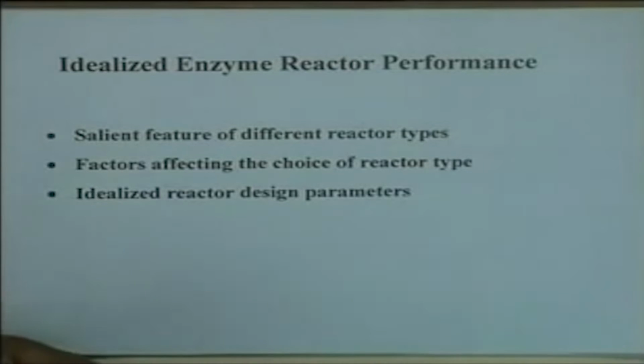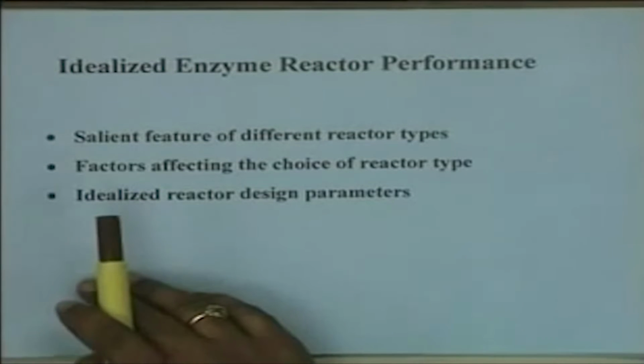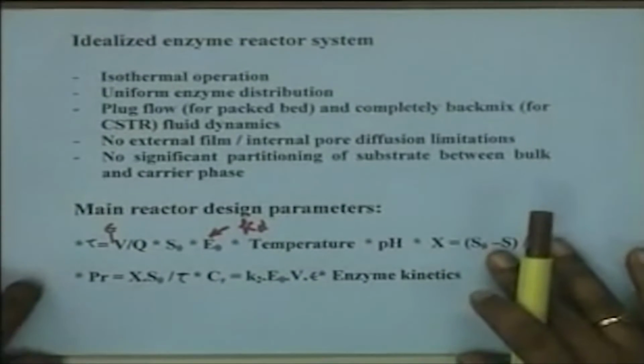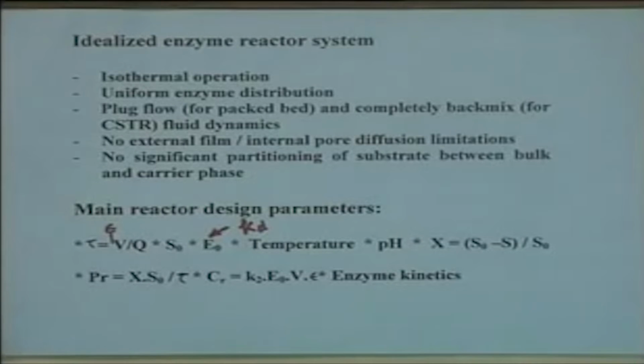Then last time when we were talking, we had also considered certain idealized reactor design parameters. That means, for design of a particular type of reactor, what kind of design parameters are important, and you will recall that we had also hypothesized certain conditions or assumptions which define an idealized enzyme reactor system. The assumptions were isothermal operation, delta H is very small, uniform enzyme distribution, plug flow behavior or completely back mix behavior.